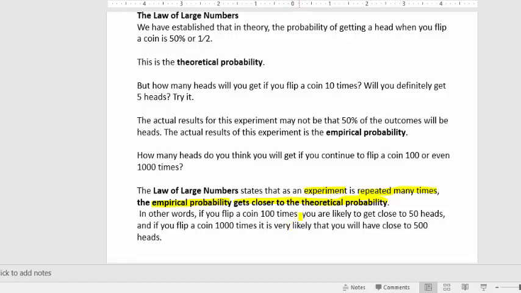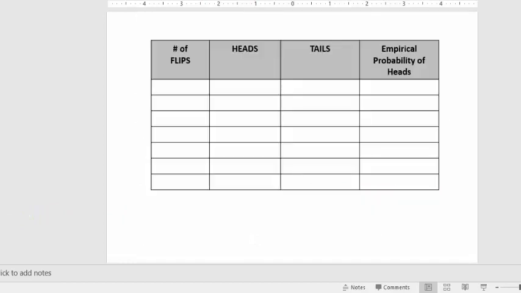I'm probably going to get pretty close to 50 heads and 50 tails, but if I only flipped it, let's say, 6 times, it's possible that I could get 6 heads, or it's possible that I could get 6 tails. But the more times you do the experiment, the closer that the results should be to the theoretical probability in general, right?